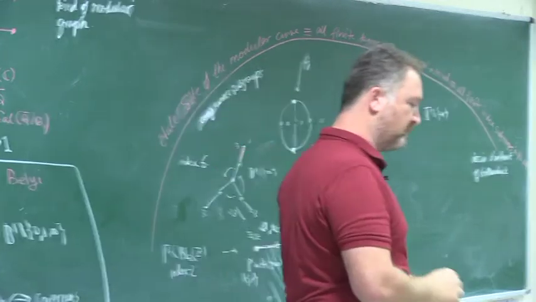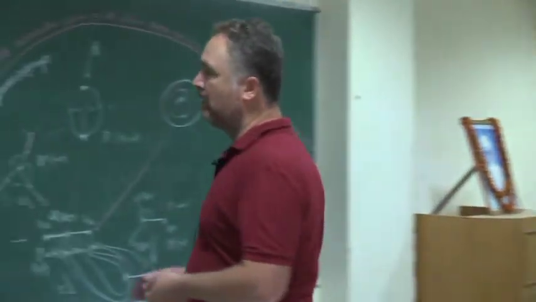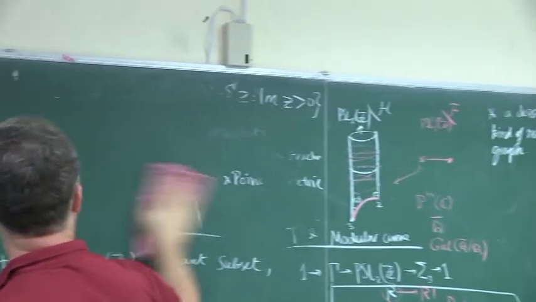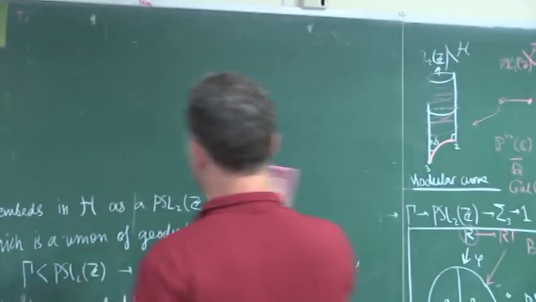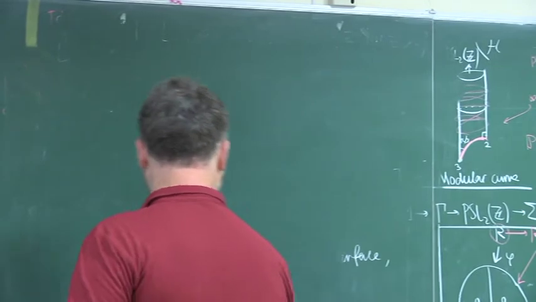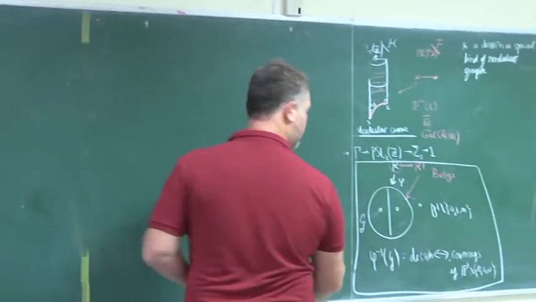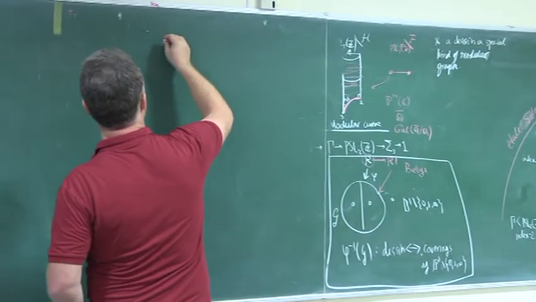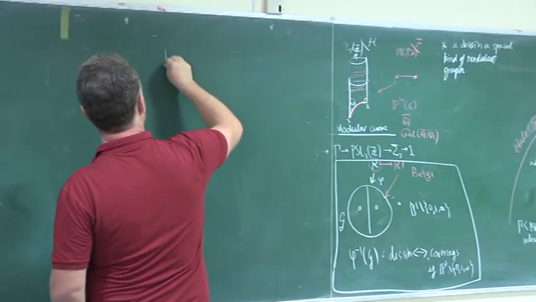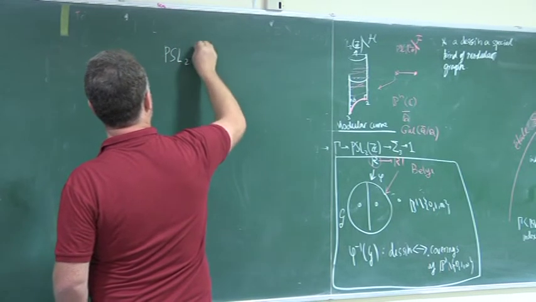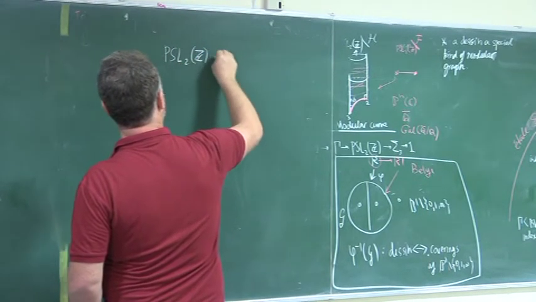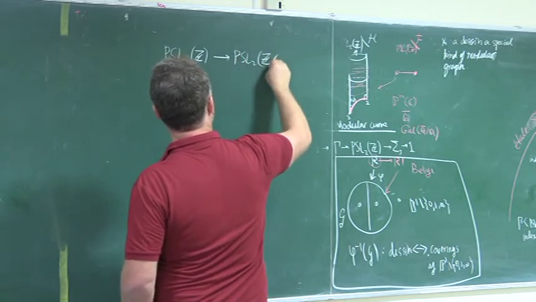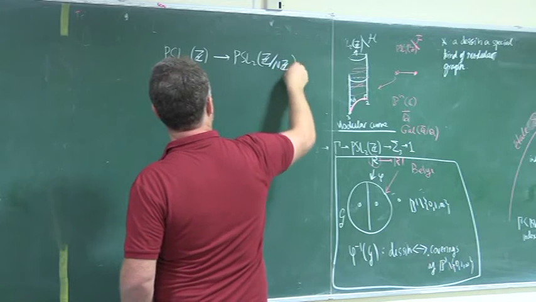So what is a congruence subgroup? I'm going to define the simplest of those. There are many variations of this, but we have the reduction map from PSL2Z to PSL2 of Z over nZ, which is surjective.